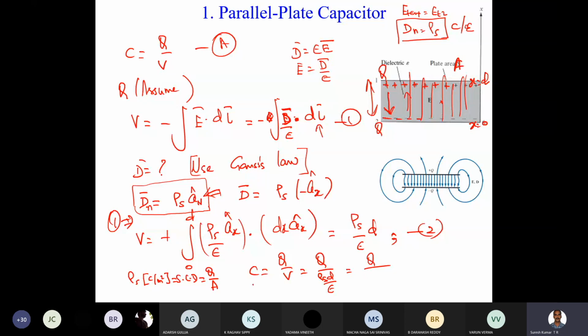Then you can replace rho S with Q over A. So then you will get Q over A. Already d is there and epsilon is there. Then this Q and Q will get cancelled. Then you will get epsilon A over d. So you got the standard equation C equal to epsilon A by d. This is how the structural parameters decide the capacitance: the permittivity, the gap, and the area of the plates.